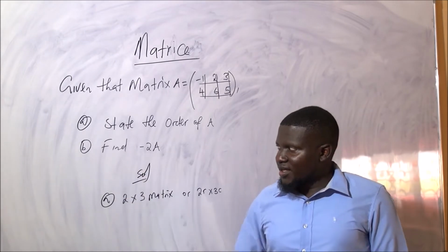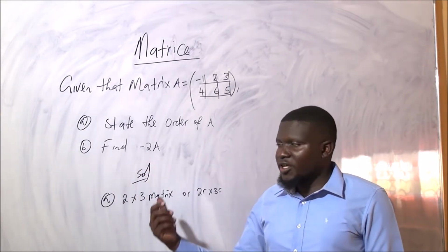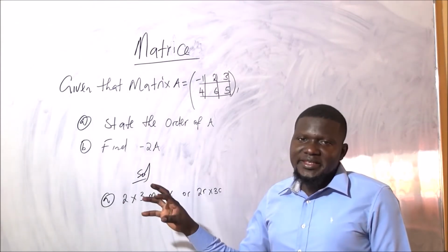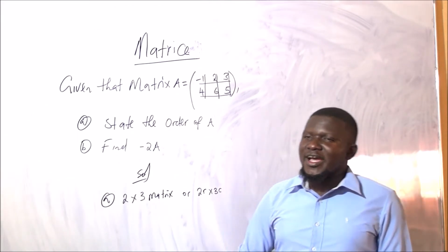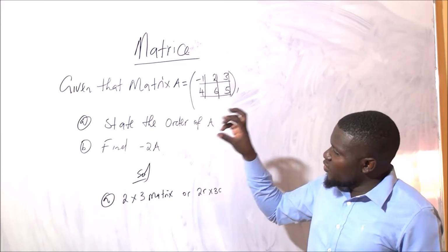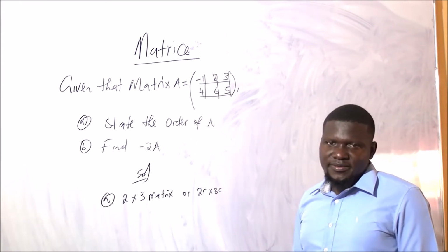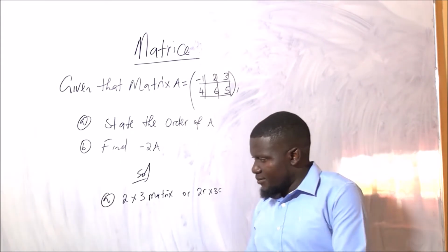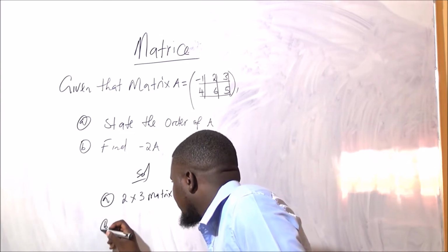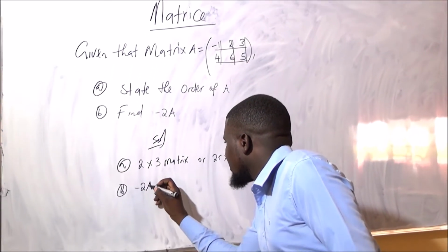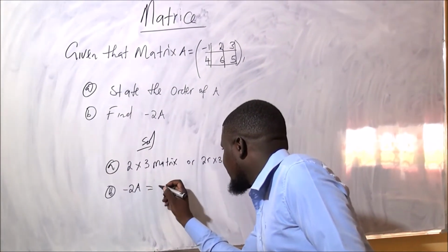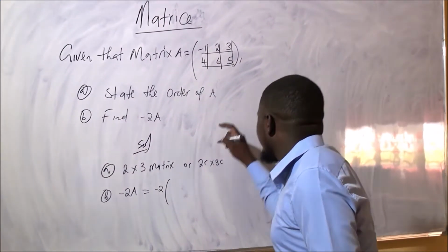Now let's look at the second one. Find negative 2A. This is a scalar matrix. A scalar matrix is a situation where a number multiplies all the elements in that matrix. You say negative 2A is equal to negative 2 outside the matrix.